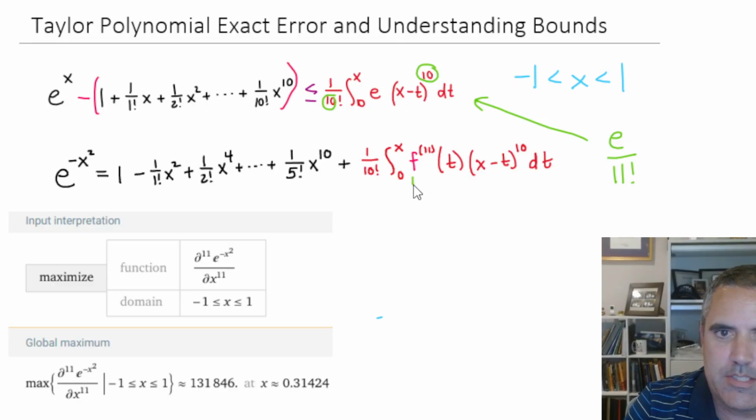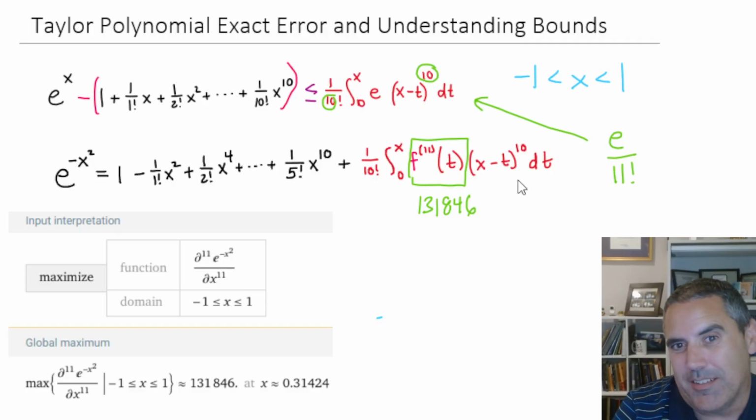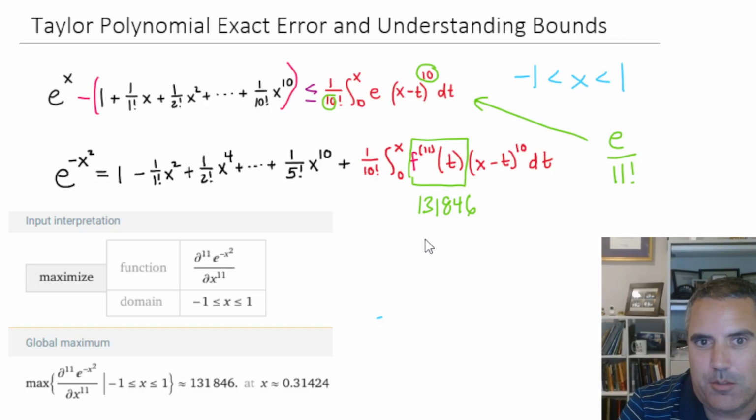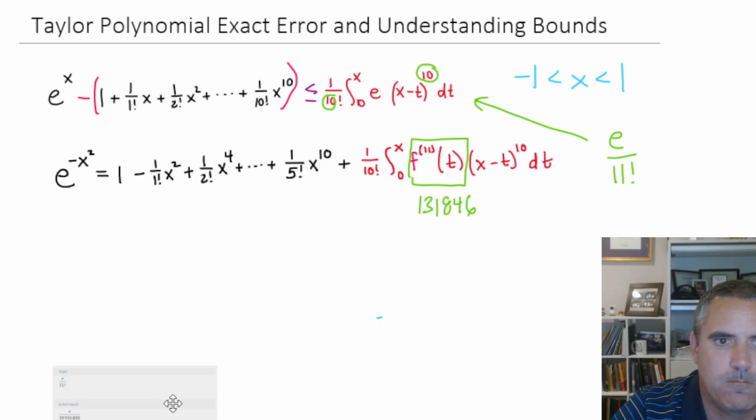So for this one, you would say that the biggest this can be on the interval -1 to 1 is 131,846. And then when you integrate, you'd get an 11 factorial, you'd plug in the value. So you end up getting that over 11 factorial is your bound.